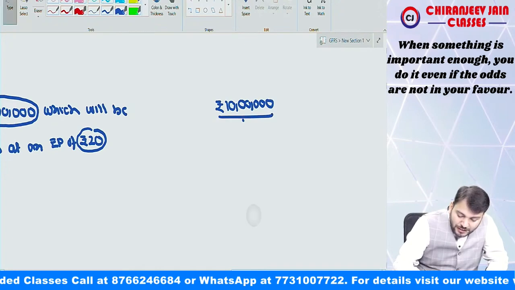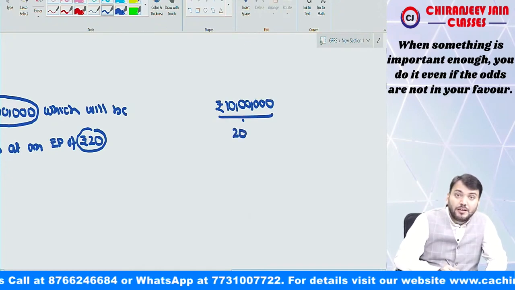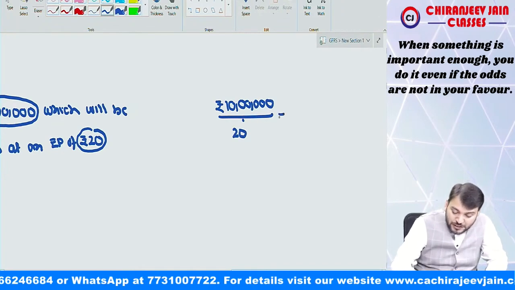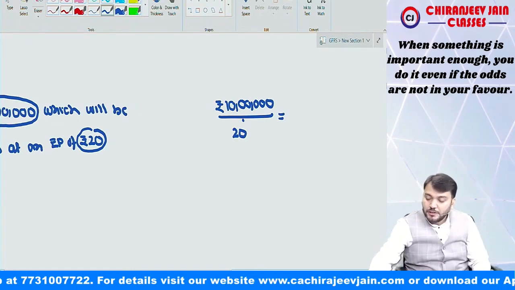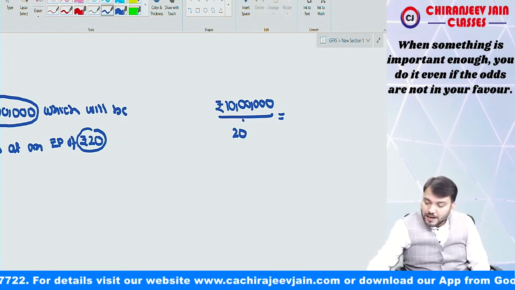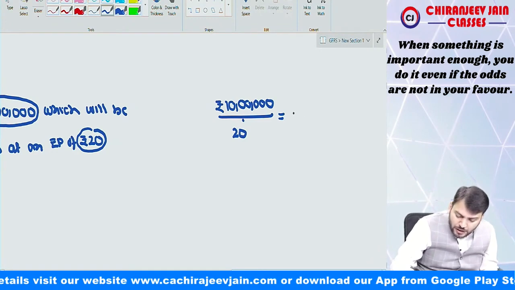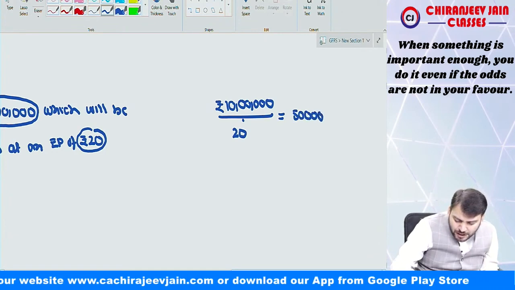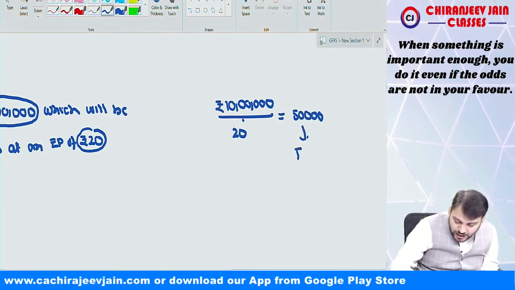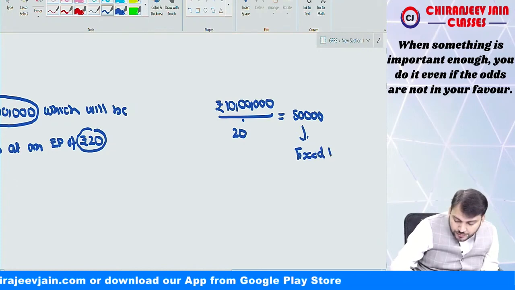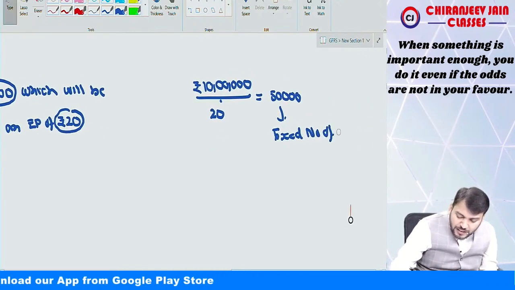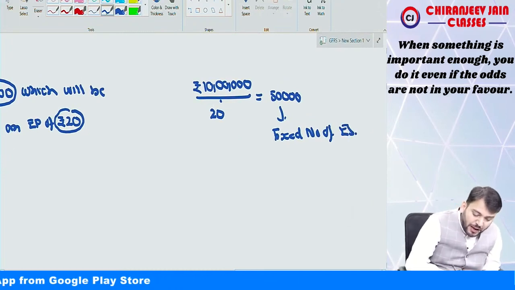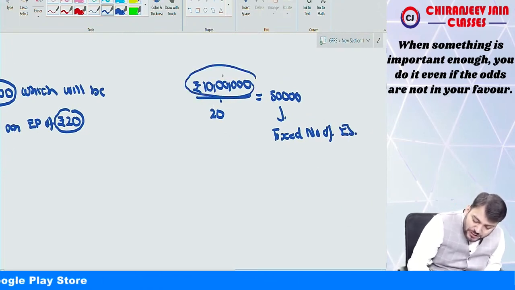Now suppose there is a convertible debenture of rupees 10 lakh which will be converted into equity shares at an exercise price of rupees 20. So how many equity shares? 10 lakh divided by 20 is equal to 50,000. This is a fixed number of equity shares, because the consideration is fixed and the exercise price is also fixed.